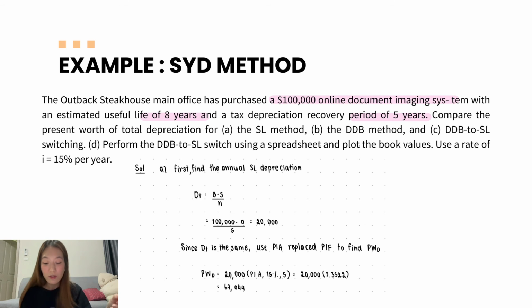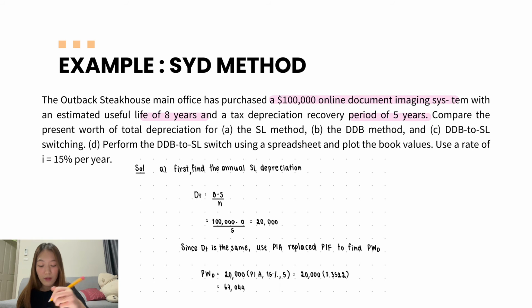The first one, A, the SL method. So we have to find the annual SL depreciation by the formula here. We plug in the values, so the result is 20,000. And as we notice, SL is linear, so we can use P/A instead of P/F to find PWD.